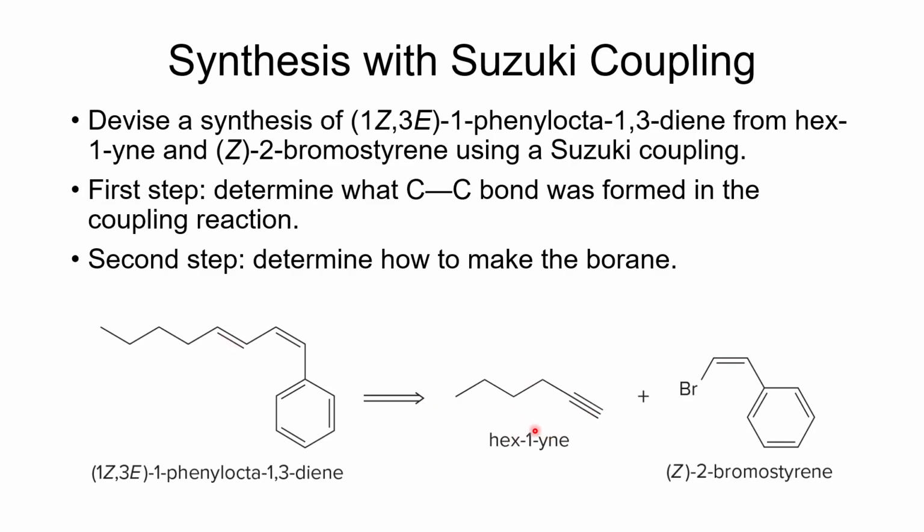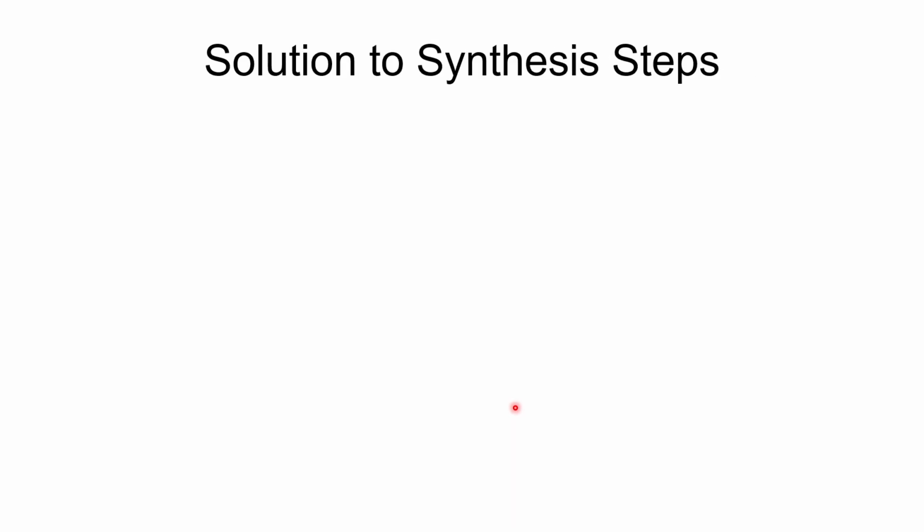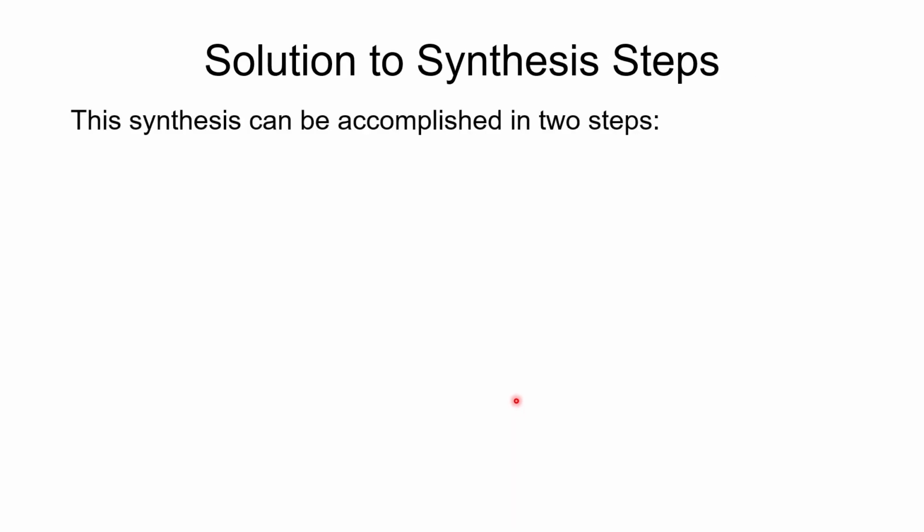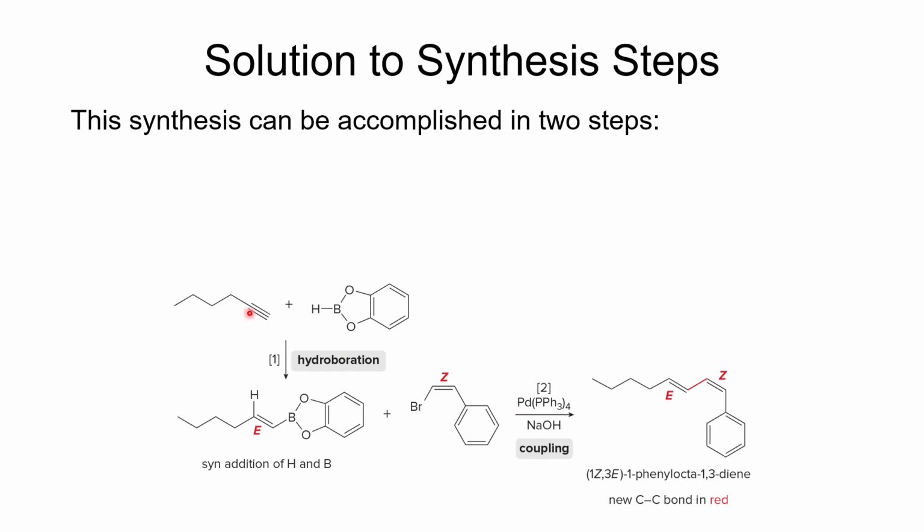So we'll use the hex-1-yne and our catechol borane to make our boron reagent. And then this will be the other part, and we'll make a new bond between this carbon and this carbon. Let's kind of break it down. First, we'll take this compound, which is our catechol borane, and it reacts with our terminal alkyne via hydroboration.